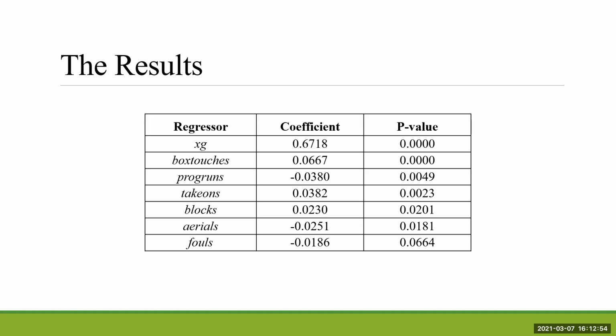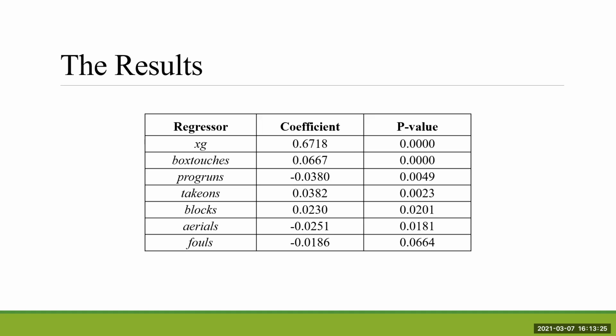Originally we thought it would be positive, because if players are making progressive runs, then they're going to be scoring more goals. But what we actually found is that it's negative. And we think the real story behind it is that a player making a progressive run might be a defender or a midfielder moving into a position higher on the pitch.